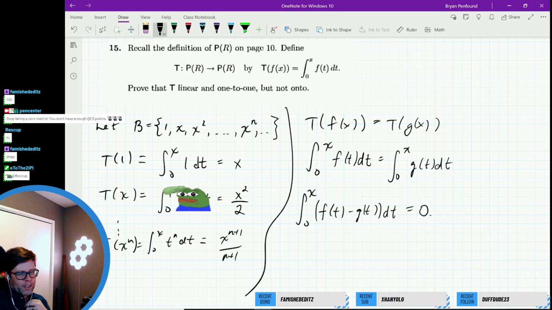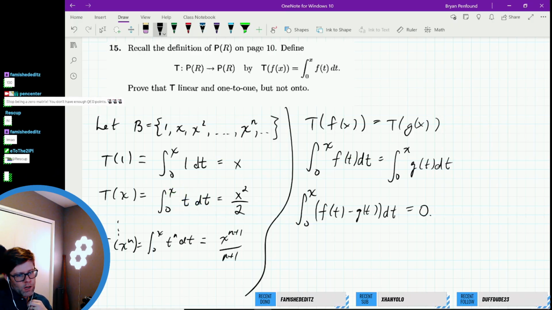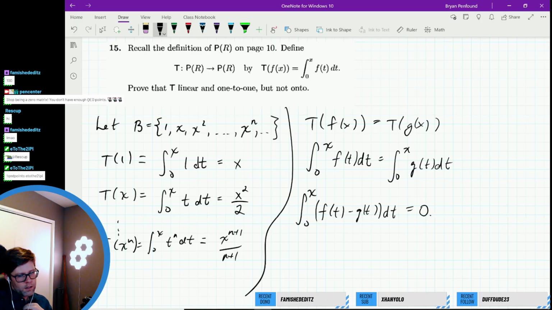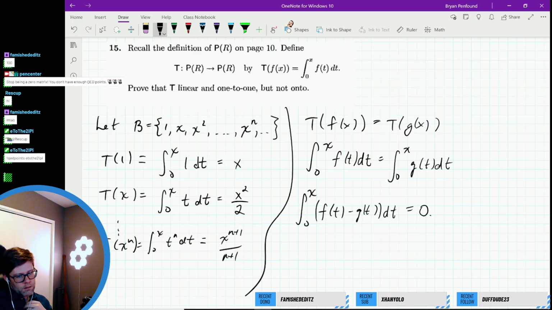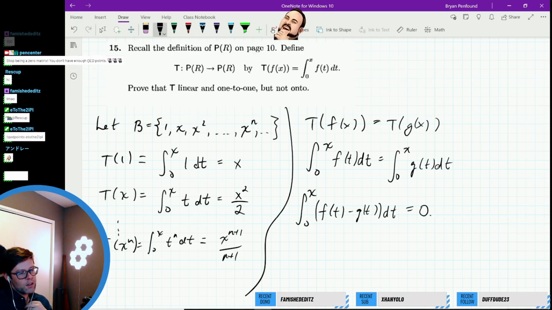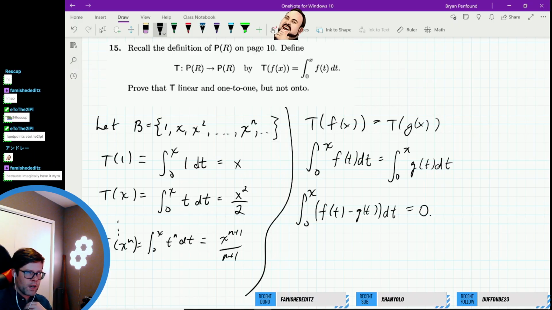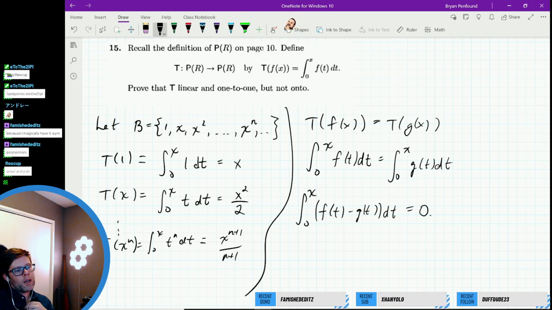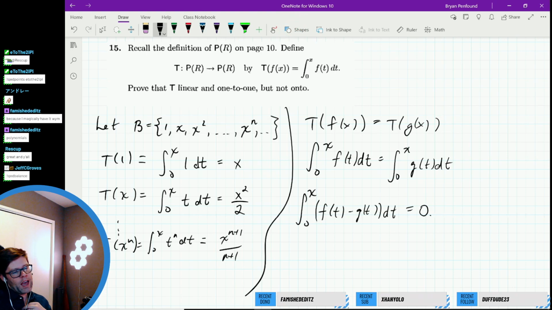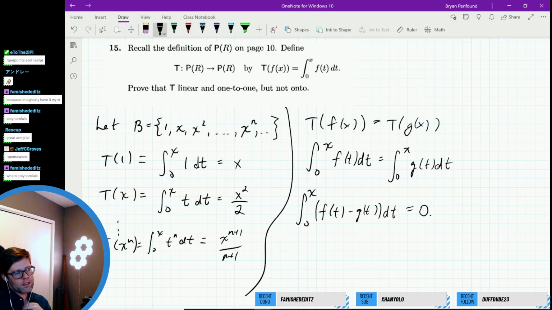Yeah, now I'm wondering, is this true? I guess we're working with polynomials. Right, so we are working with polynomials. It's not going to be other weird functions or anything like that. f and g have to be polynomials. But could I make a polynomial so that when I take the subtraction of them from 0 to x, I get a 0? I mean, probably.